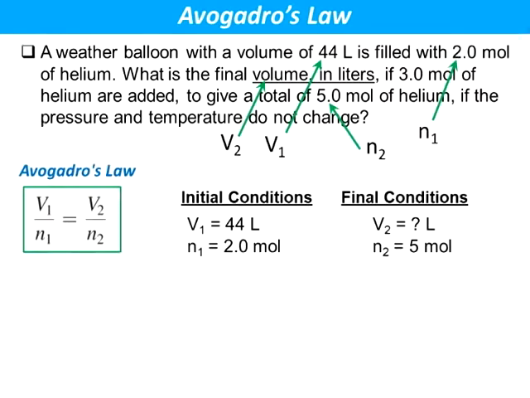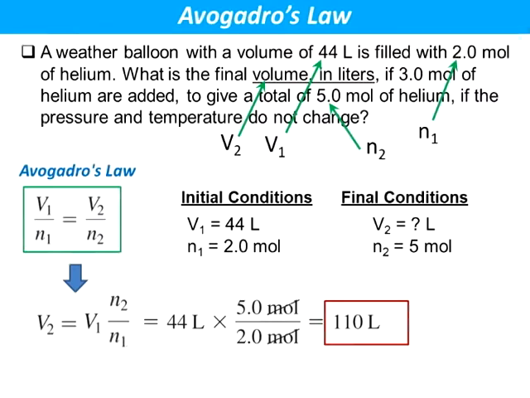Since pressure and temperature do not change, and I note in this problem I only have volume and moles, this is an Avogadro's law problem, where I set up the relationship of V1 over N1 equals V2 over N2, since this law is comparative.